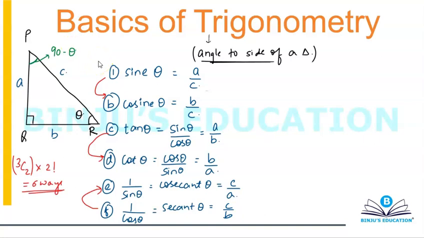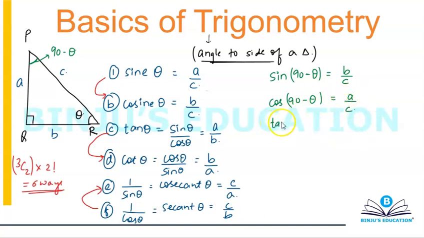Now let's calculate sine, cos, tan, cosec, sec, cot for this angle P also. So let's say we have sine 90 minus theta. Again, we'll use the concept that sine is nothing but opposite by hypotenuse. So this will become B by C. If we talk about cos 90 minus theta, that is adjacent by hypotenuse, that is A by C.